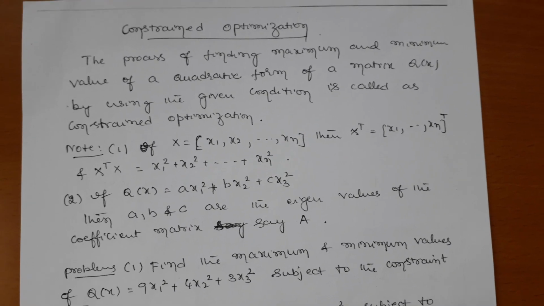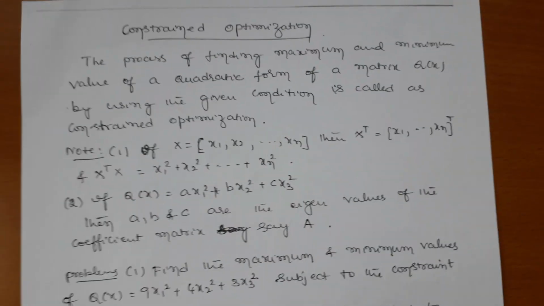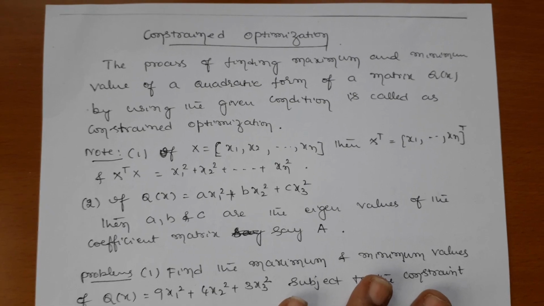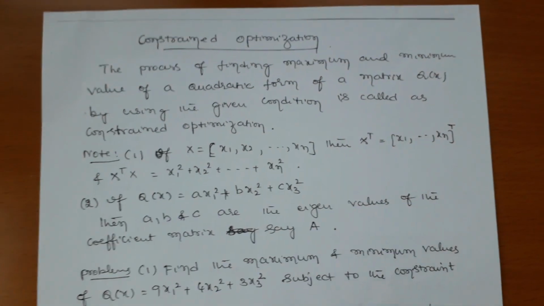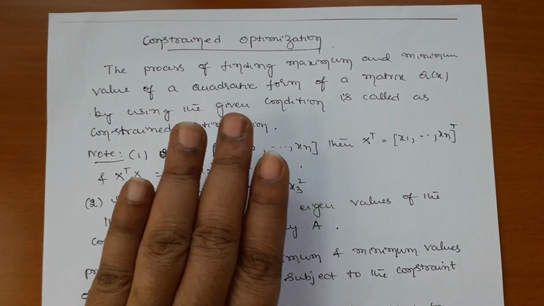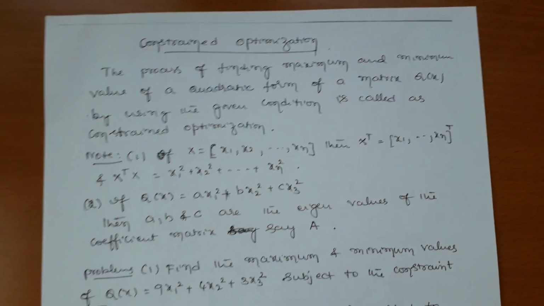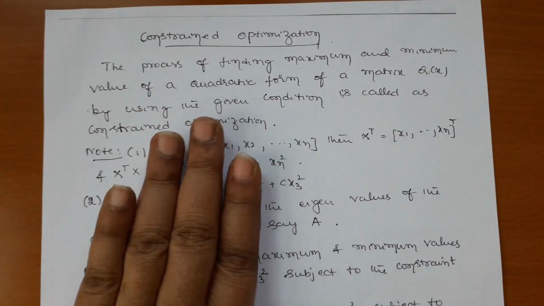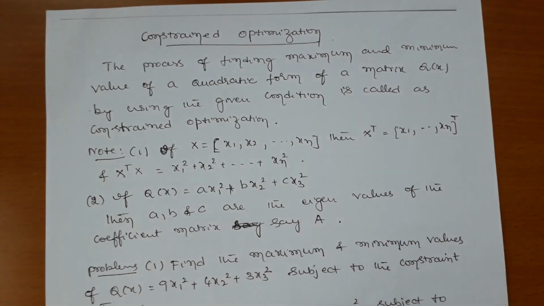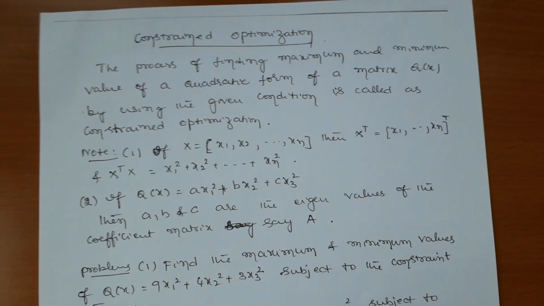I will discuss this constraint optimization in my next video, because once a video exceeds 20 minutes, sometimes it goes off. Before we meet in the next video, please remember what I explained about constraint optimization. I will start the next video from the definition of constraint optimization.